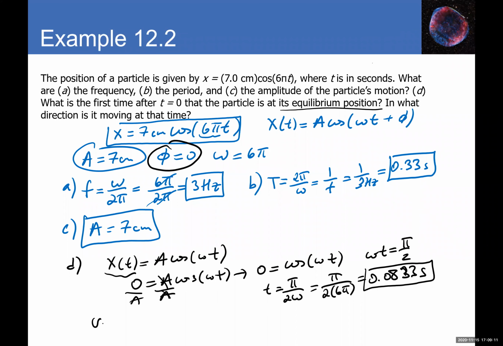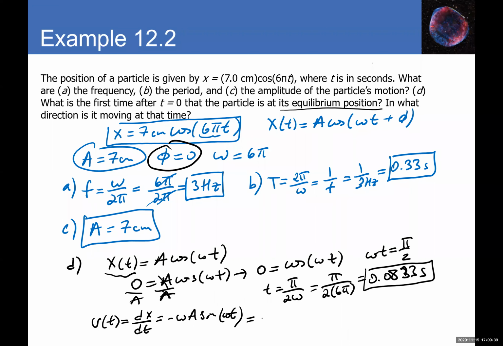Right, so velocity as a function of time, remember, is basically the derivative of position as a function of time. That means we take the derivative of this function, so it's going to be negative omega A sine of omega t.